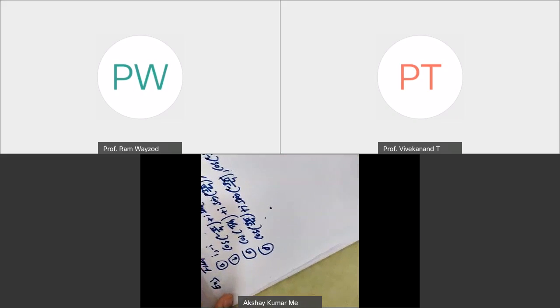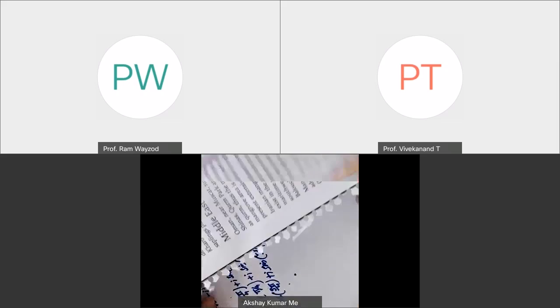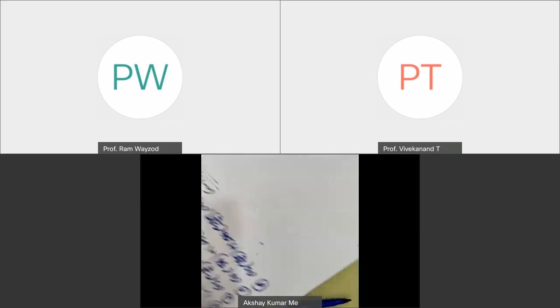This is the square root of minus i. This question was asked in GATE 2013 for 1 mark.